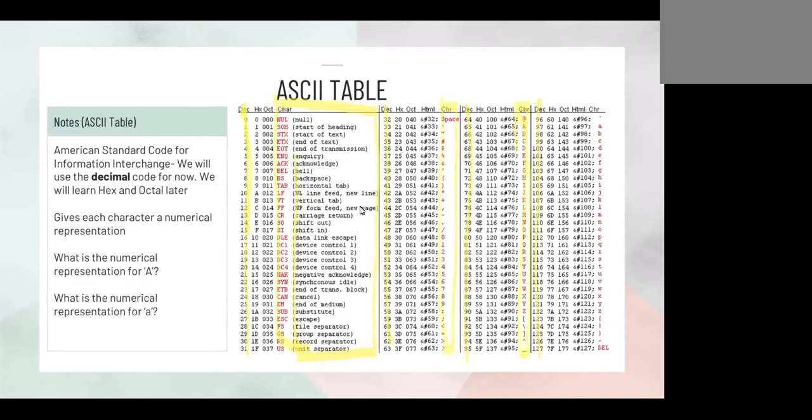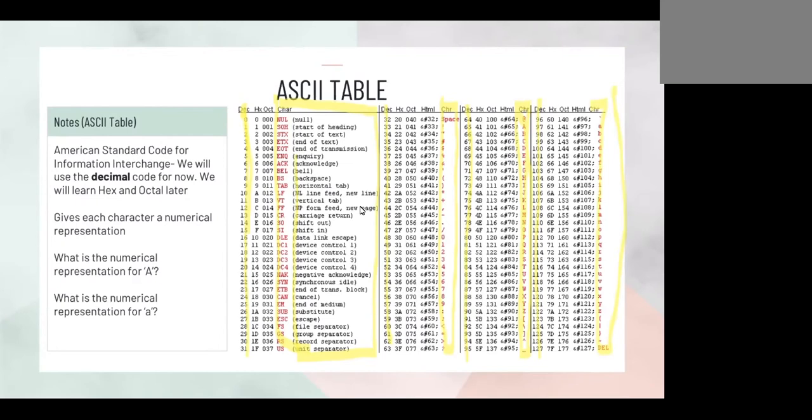So focus only on these columns. Ignore the other columns that say HX, octal, and HTML. Just ignore those for now. Those aren't necessary. Like I said before, we're going to go over it in the second half of the school year.